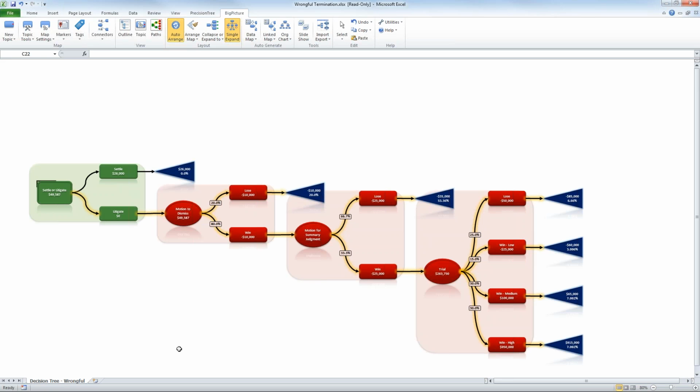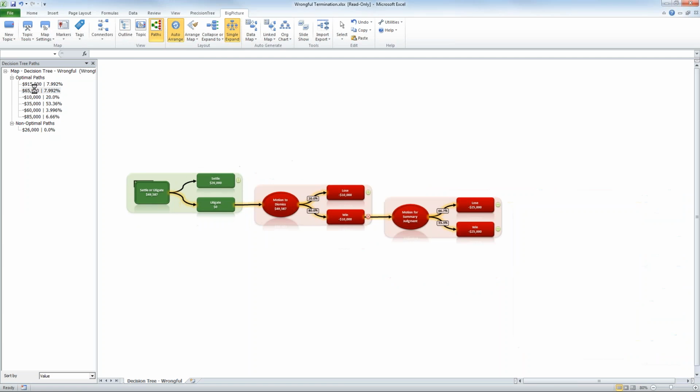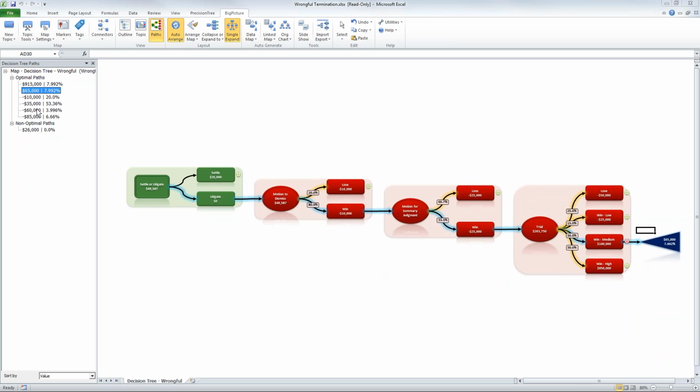So we expand it all out, and I want you to take note of the Big Picture ribbon right now. In the Big Picture ribbon, we have this new view option called paths. If I click on paths, it gives us this nice breakdown here, and if I click on any one of those paths, it will highlight that path for me.